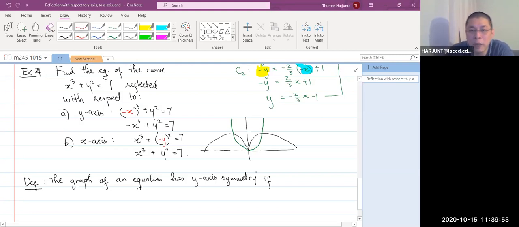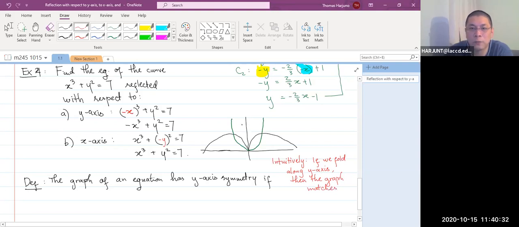Now, the thing is, there are many ways to describe y-axis symmetry. The one intuitively, if we fold along the y-axis, then the graph matches. Right?